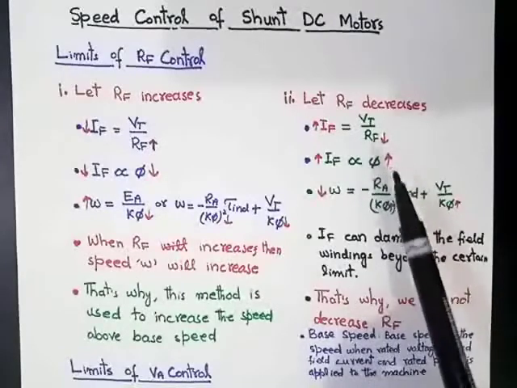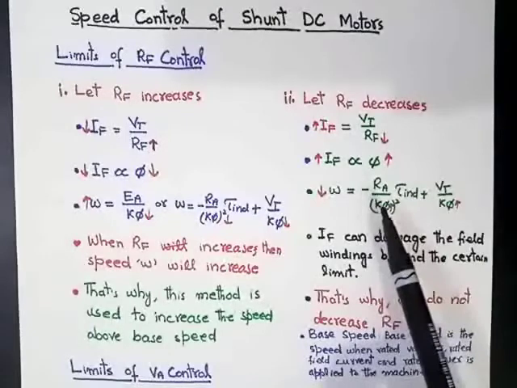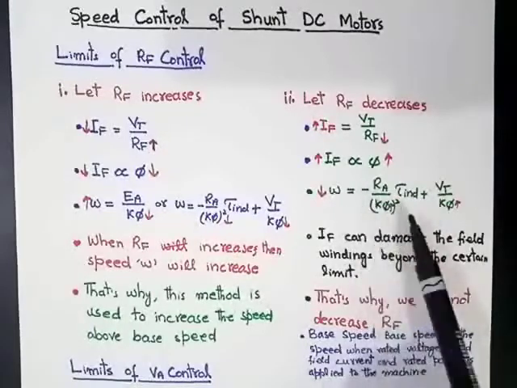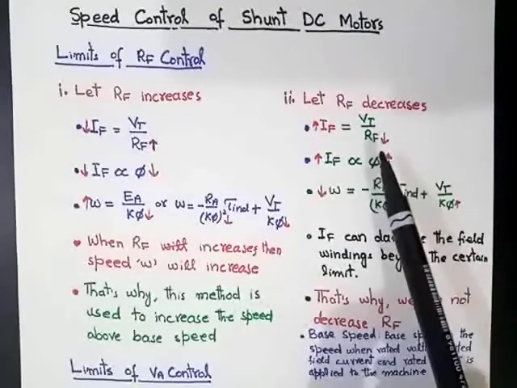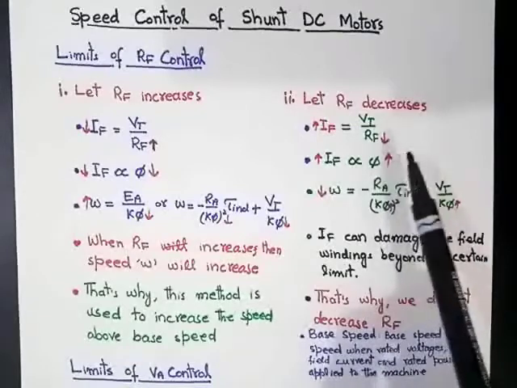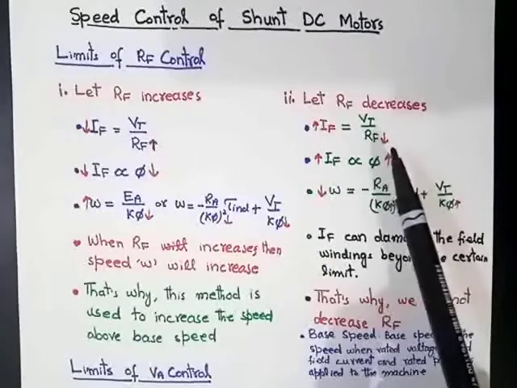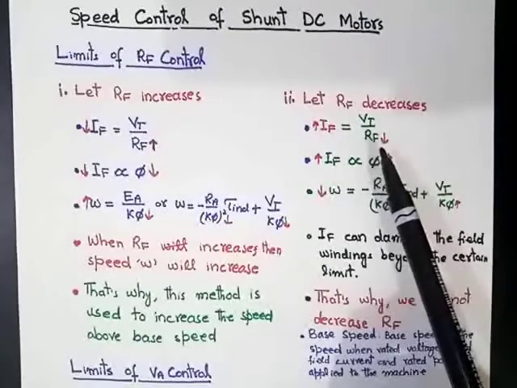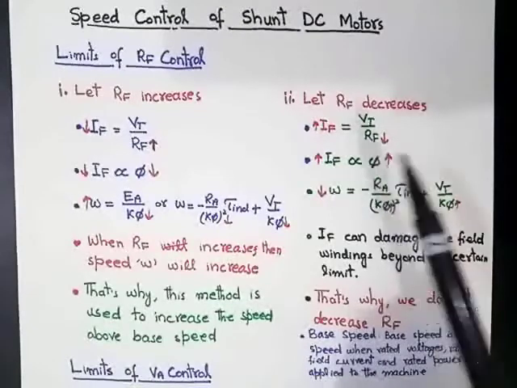There is always a minimum speed limit. Beyond this, IF will damage the field winding. There will be a certain limit of the RF. The value of RF will not decrease further than that specific limit, because the winding of the field can be damaged.